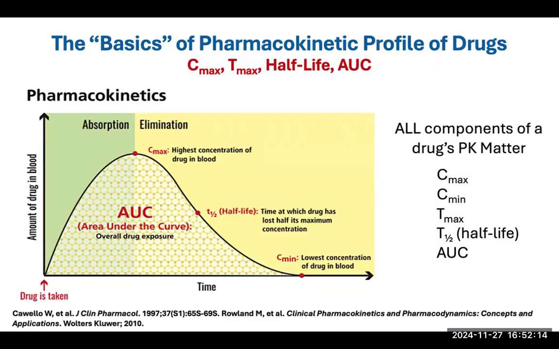So PK refers to pharmacokinetics, and things such as Cmax, which is the highest amount of drug that is in the serum. Tmax is how long it takes to get to that point. Concentration minimum is the lowest amount of the drug. There will become a point below this Cmin where the drug no longer is effective, which we call the minimum effective concentration.